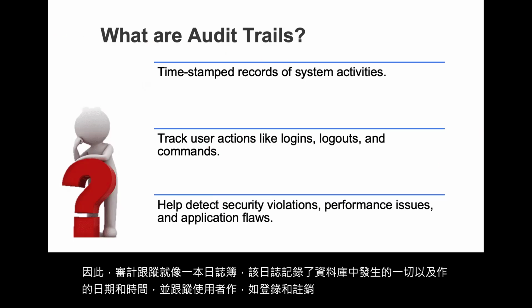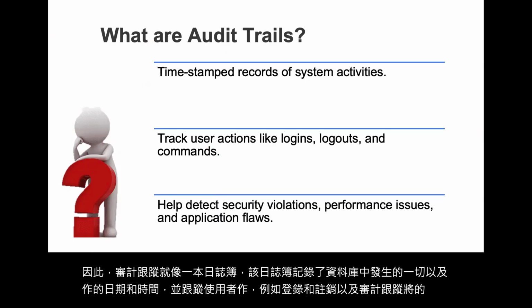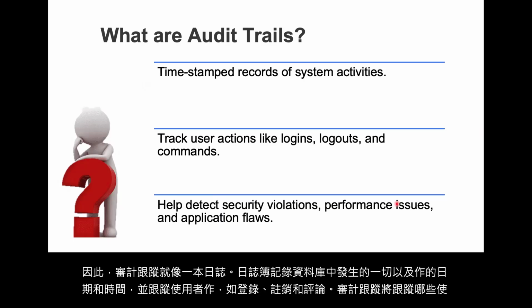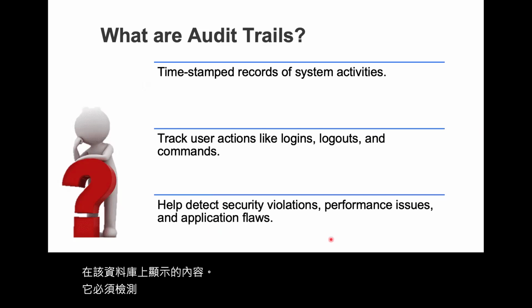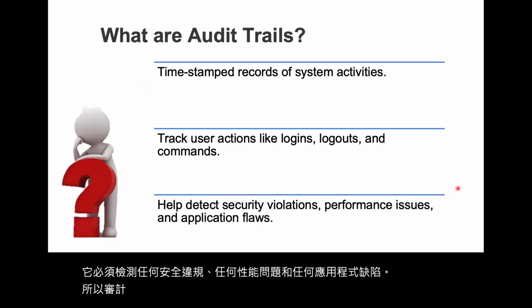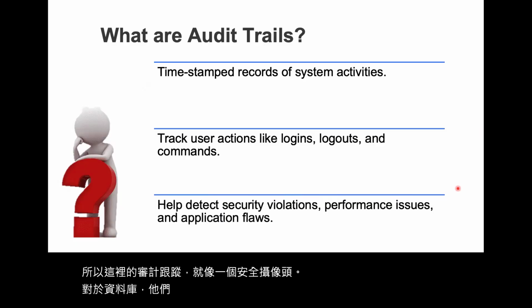The audit trail will keep track of what users are doing on the database, and it will help to detect any security violations, performance issues, and application flaws. So the audit trail is like a security camera for the database. It helps to identify the security violations, the performance issues, or any application flaws in the database.